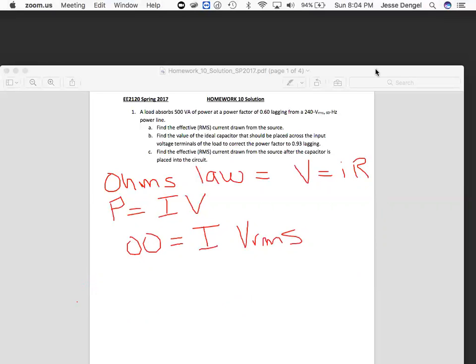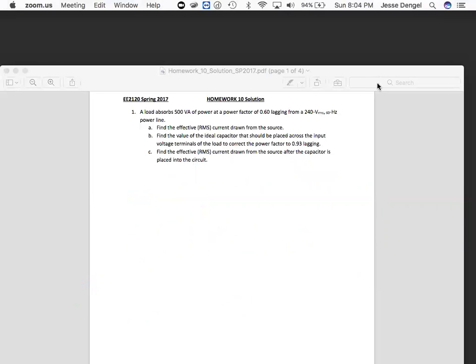Clear all my drawings. There we go. That's better. Okay. So now we want to find the ideal capacitor that should be placed across the input of the voltage terminals to correct the power factor to 0.93 lagging. And I think it's important here to note our power triangle.